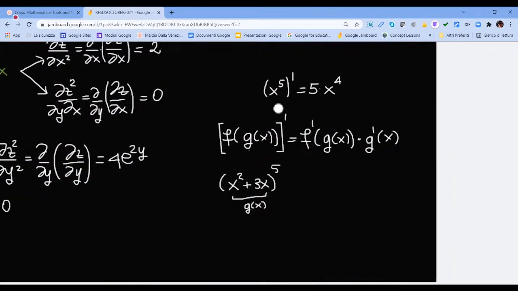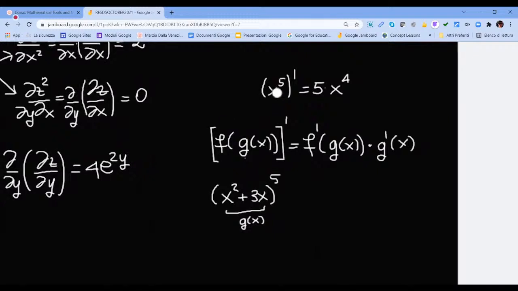That means if you don't have x as an argument of this power, but you have a whole function, you should rewrite the computation as it is. For instance, you take what is inside as it is, and you raise it to the power of 5 minus 1, that is 4.